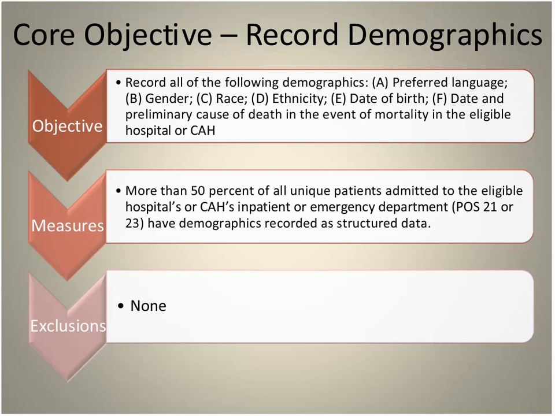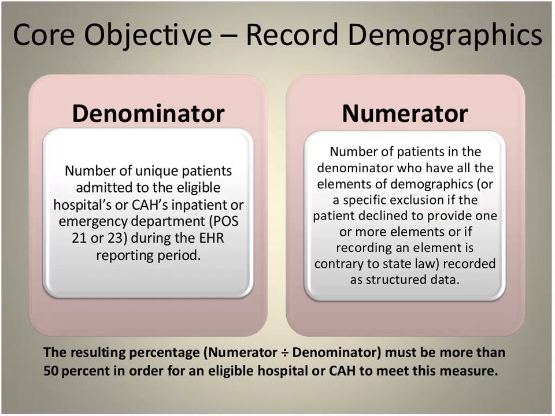So the structured data you will see is a recurring theme throughout these objectives, and obviously the reason it's done is to help in either analytics or lookups, so that alerts can be triggered, or patient lists of certain conditions or certain backgrounds can be generated for analysis. And you'll note that there are no exclusions for this particular objective, and it's a core objective, so I mentioned earlier they have to meet all of those, but we'll still note that there are no exclusions for record demographics.